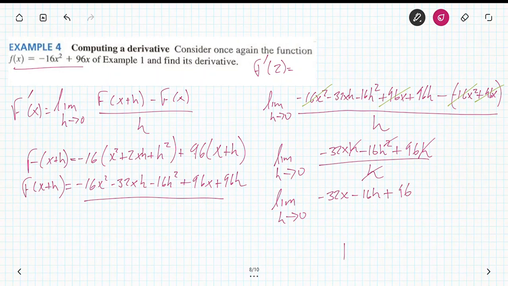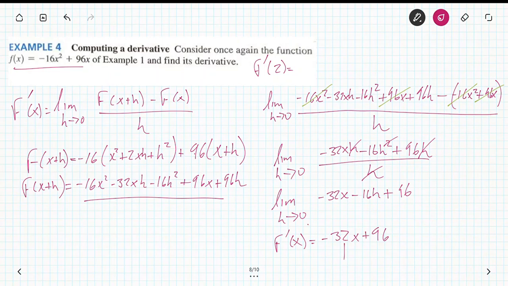What is the limit as h approaches 0? All we do is substitute 0 into our expression, and now the derivative of my function is going to be negative 32x plus 96. The negative 16h went away because if I substitute 0 into that expression, I get 0.